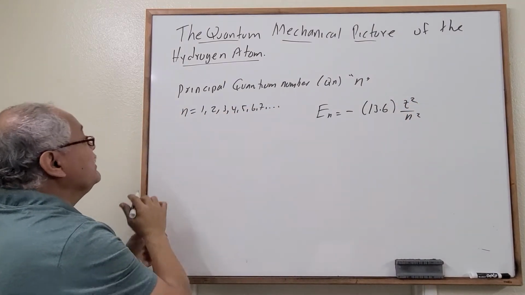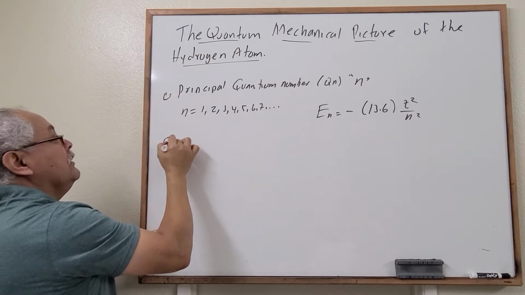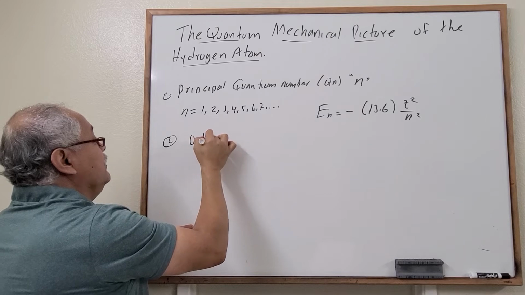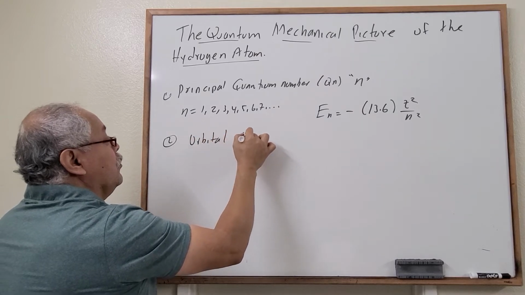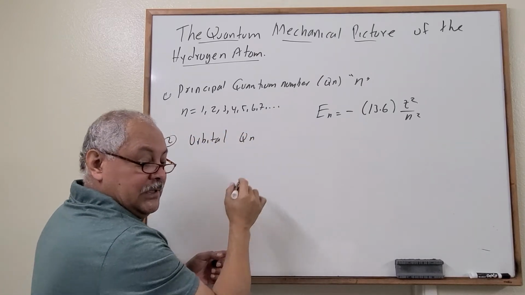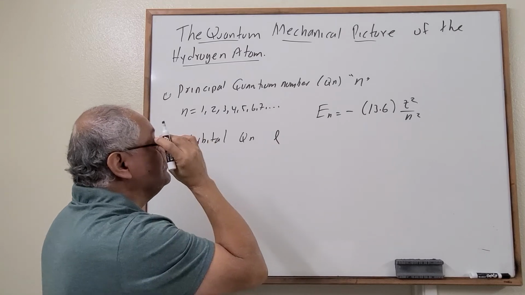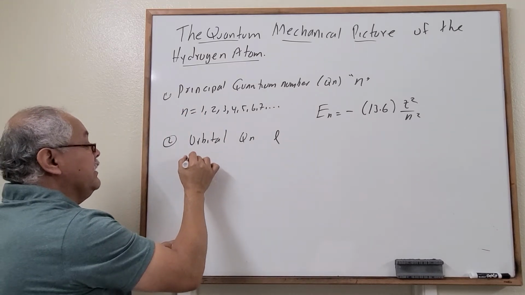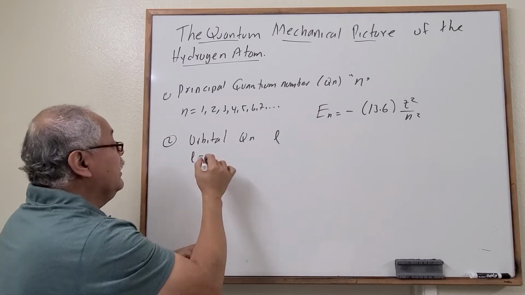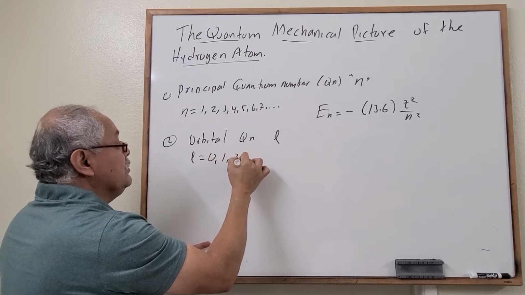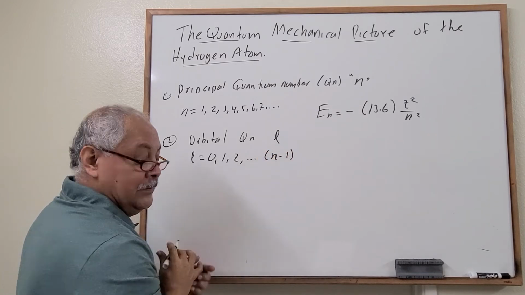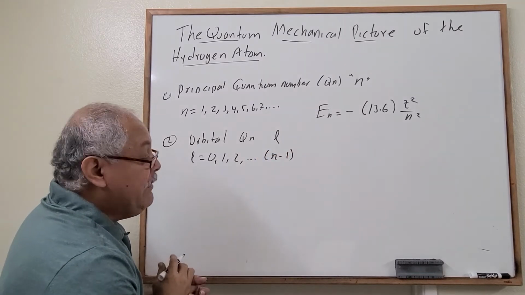Perfect. Now let's go for the second one. The second one is going to be the orbital quantum number. The symbol is L, correct? And L now takes these values. L equals 0, 1, 2, until N minus 1. And this is the magnitude.